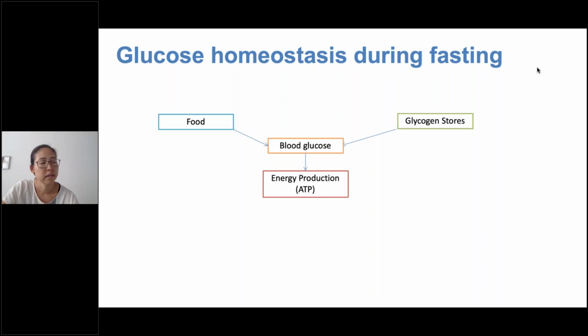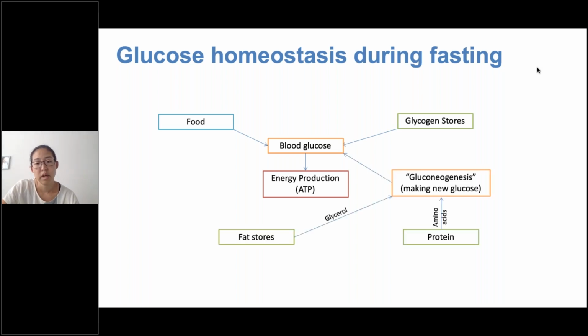It goes to your liver, starts breaking down your glycogen, and releases glucose into your bloodstream to keep your blood sugar stable. The other way you can make glucose is through gluconeogenesis, from the amino acids from the protein you eat and from the fats that you eat as well. And a separate way to make energy is through fatty acids and ketones.